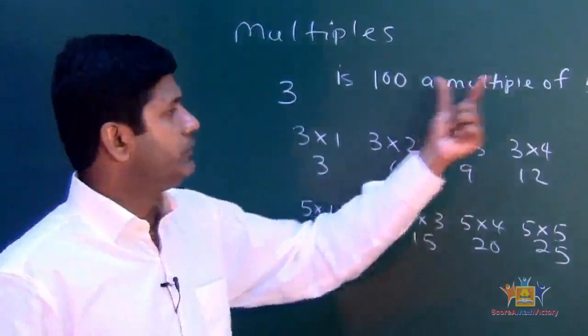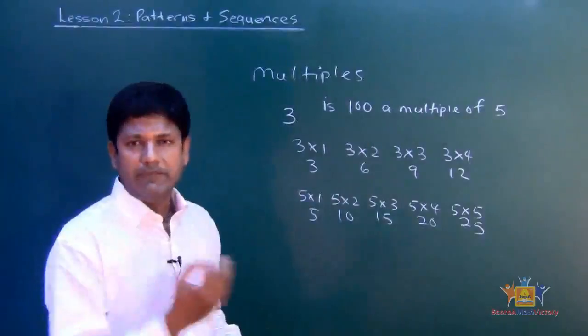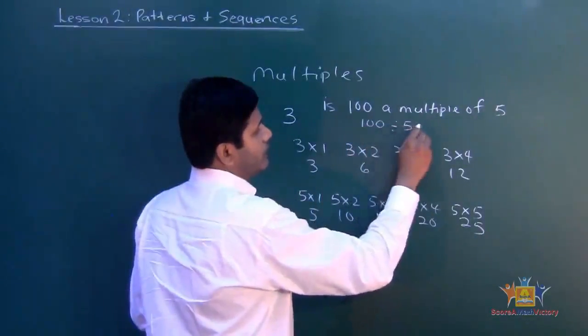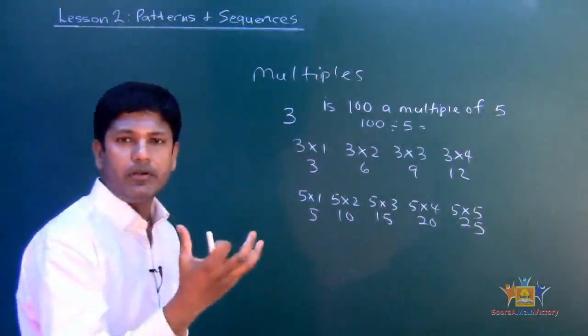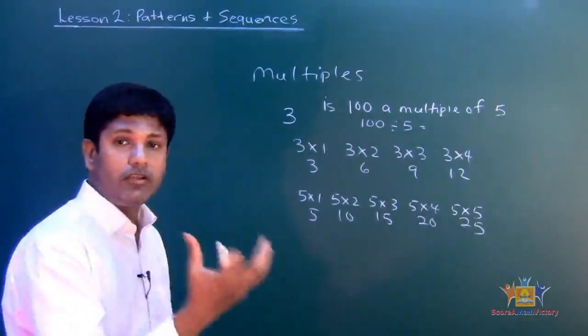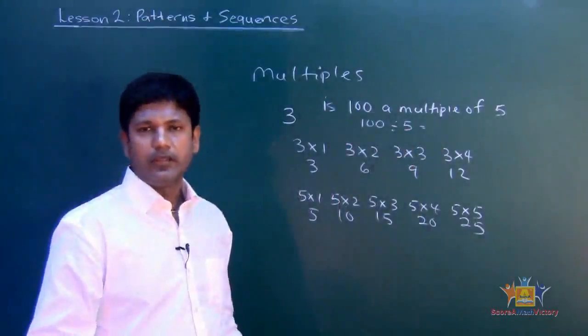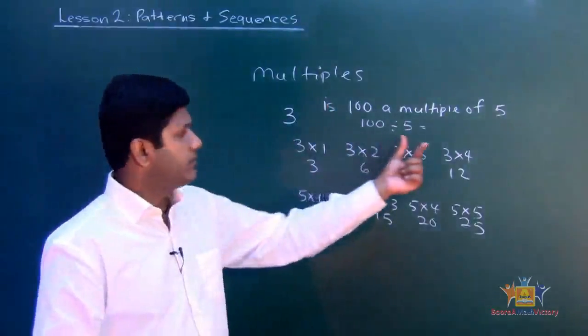So how do I know that 100 is a multiple of 5? We take the 100, we divide that by 5. And if it doesn't give me any remainder, it gives me a round number after I use the long division, that means 100 is a multiple of 5. So 100 is a multiple of 5.